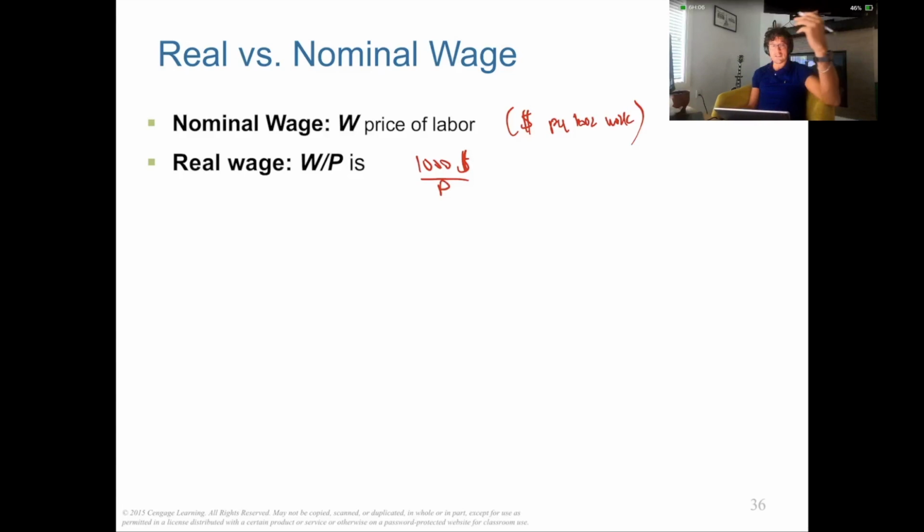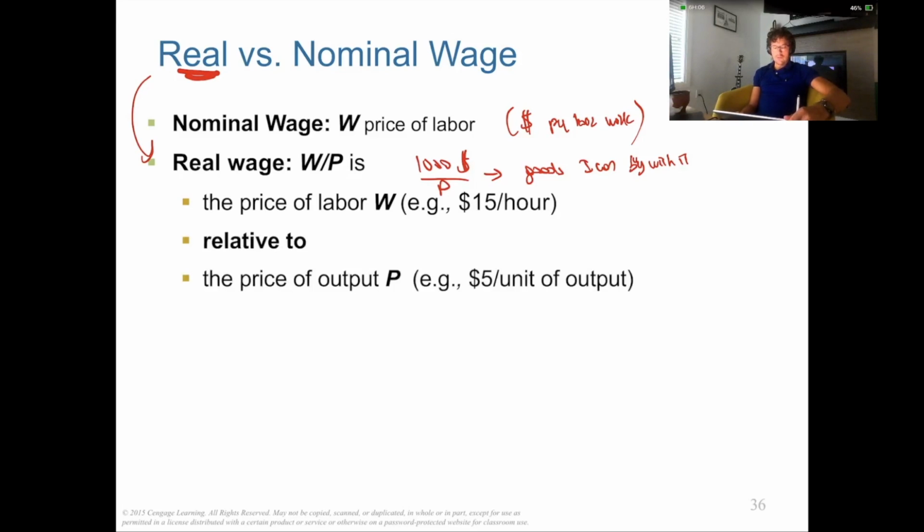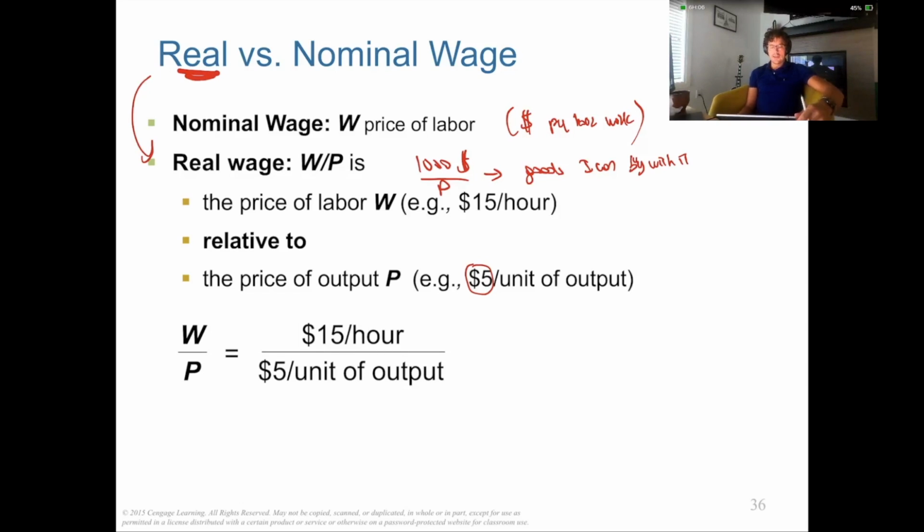And so I have to divide this $1,000 by the price in order to know how many goods I can buy with it. So the real wage is measured in terms of output goods. The price of labor is dollars per hour, relative to the price of output, which is the amount of dollars you need in order to buy output. What you get as a relative price is how much output you can get with one hour of work.